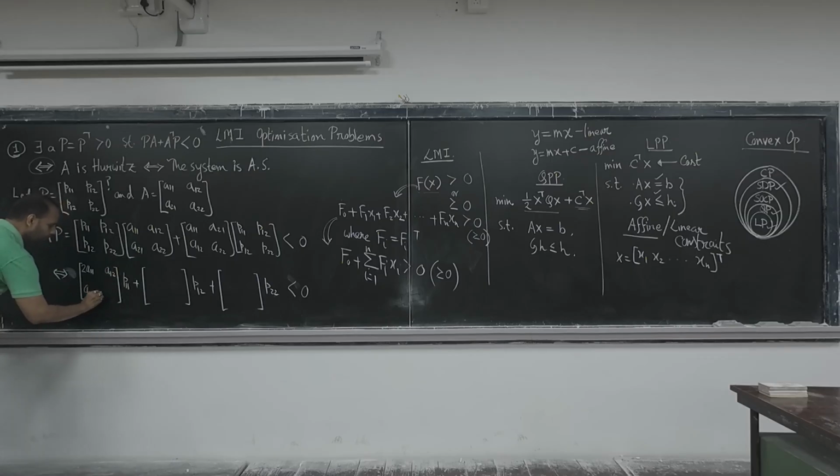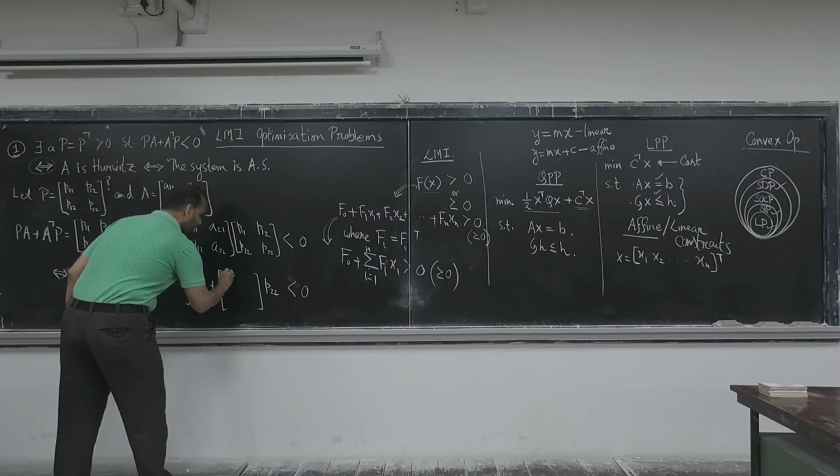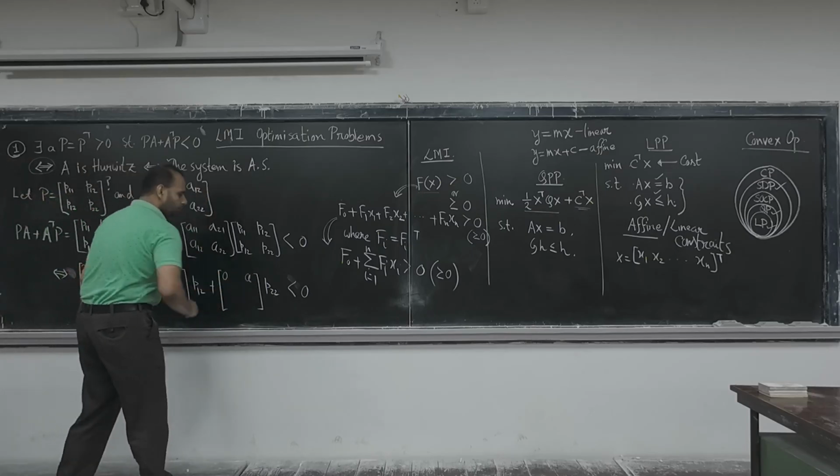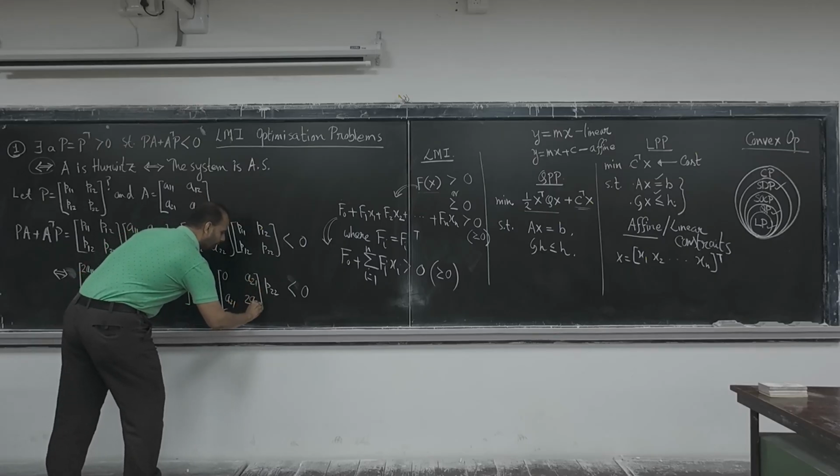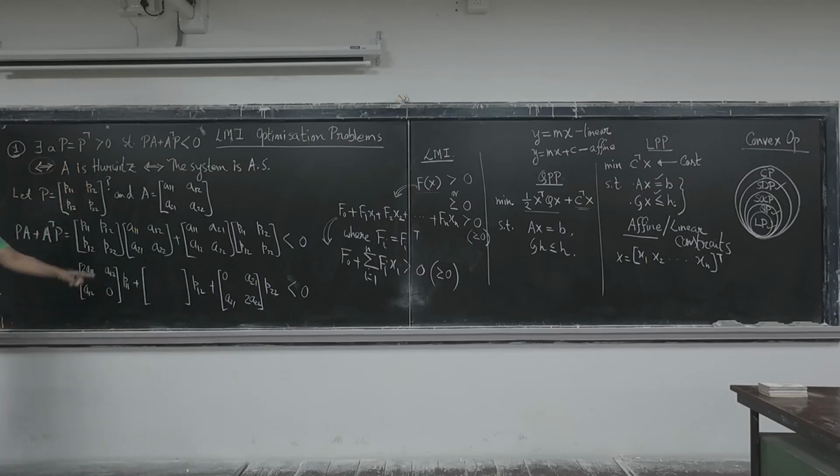This is also A12. This is 0. The third one must be 0 and A21. Here also this is A21. Here it would be 2A22. Of course, this is symmetric and easy to remember as well.